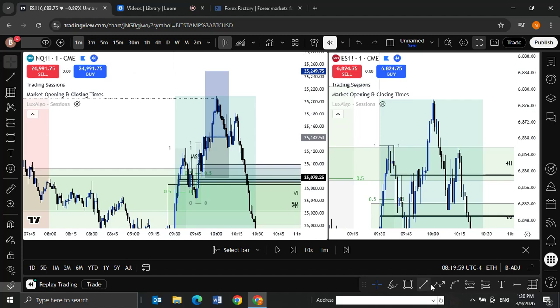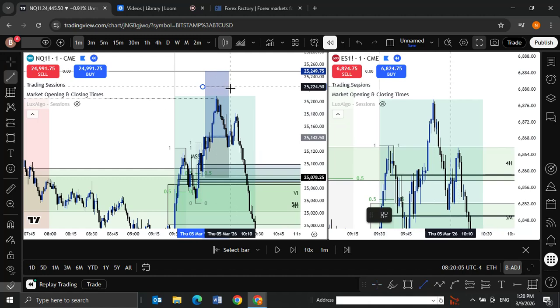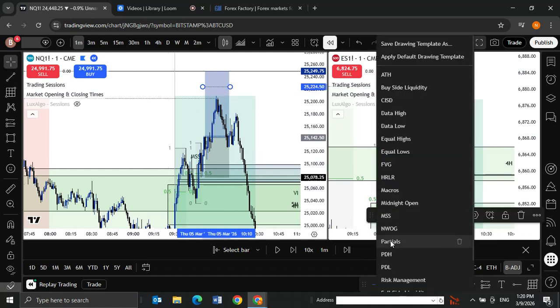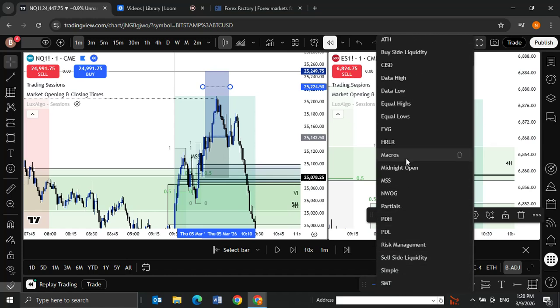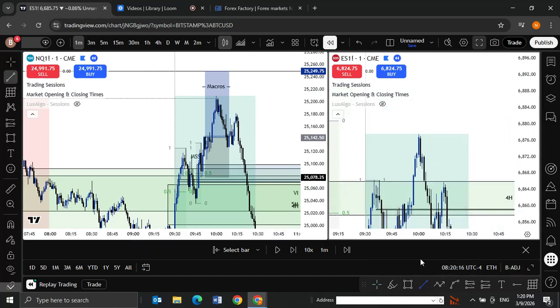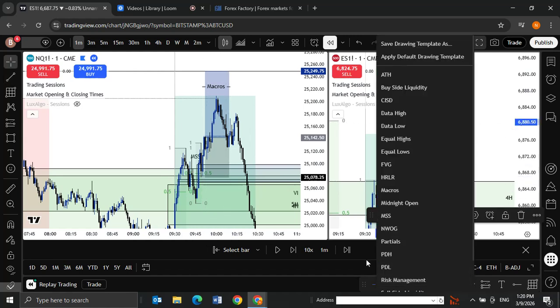This is my macro. I definitely have to mark this. So potentially at macro time, expected price will form a top or a bottom, in this case a top, and price will start going down.